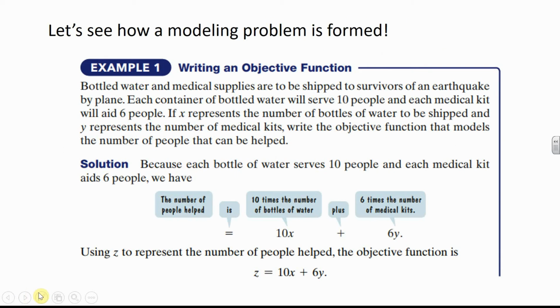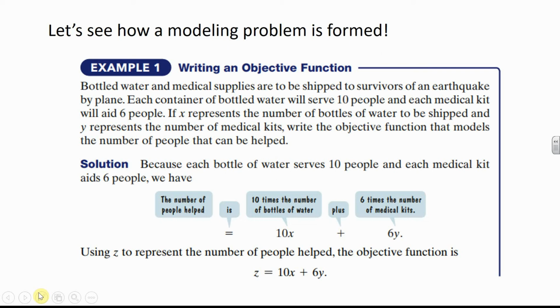So here's an example. Bottled water and medical supplies are to be shipped to survivors of an earthquake by plane. Each container of bottled water will serve 10 people, and each medical kit will aid 6 people.